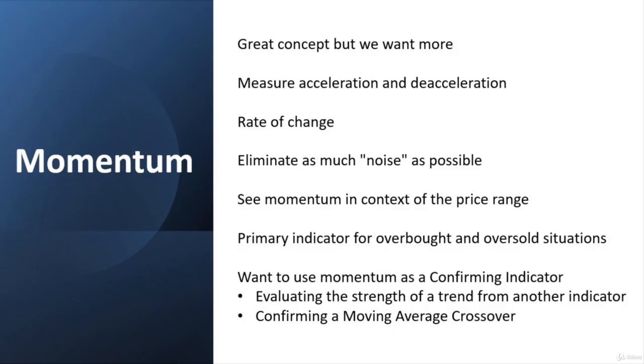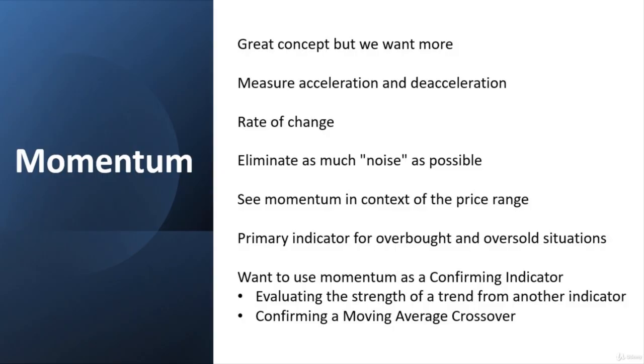A lot of people like to use momentum more as a confirming indicator. I like that idea too. It helps you evaluate the strength of a trend that another indicator is saying exists. So your primary indicator is saying there is a trend, whether it's up or down, and maybe it's something like a moving average crossover, whether it's price crossing the average or two averages crossing each other.